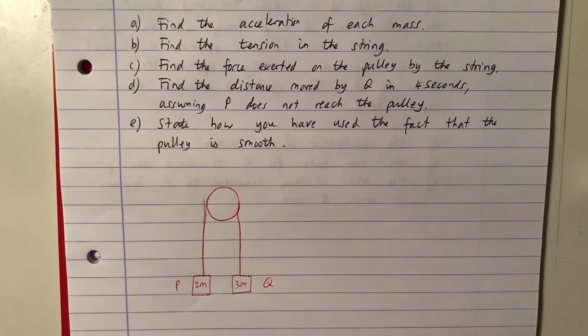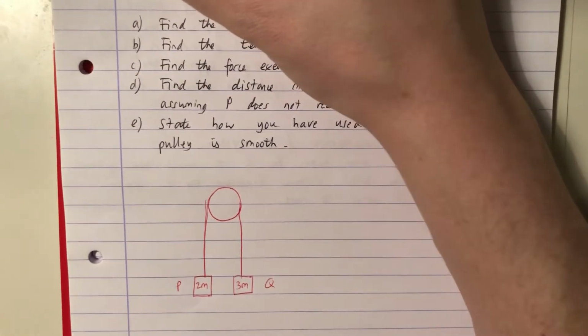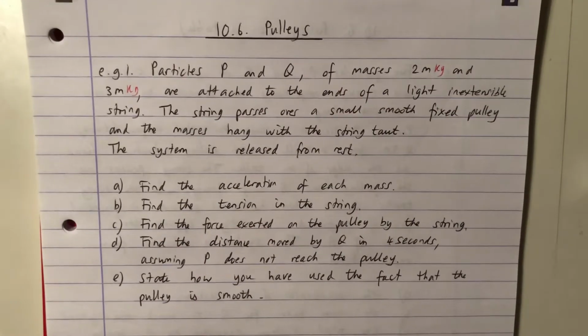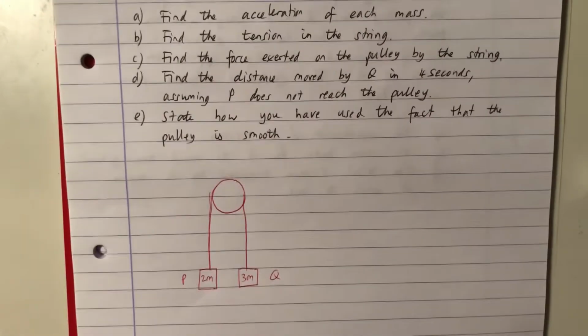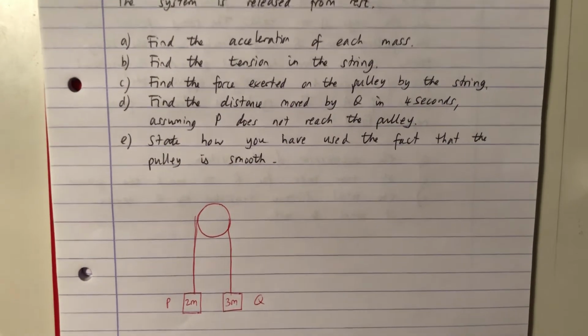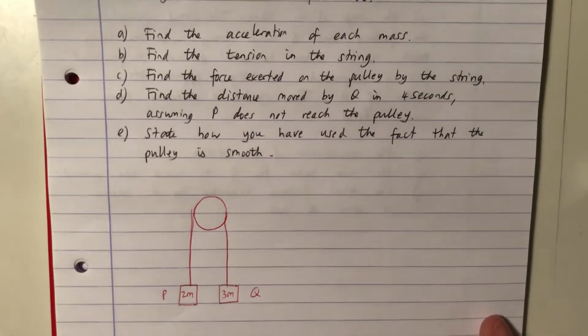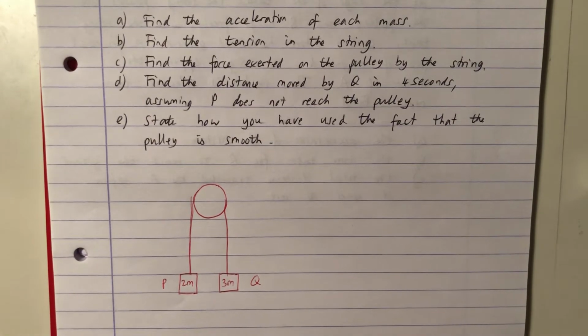Now, those masses mean kilograms, so 2m kilograms and 3m kilograms at the start. Not meters, not 2 meters or 3 meters, it's 2m kilograms. The system is released from rest and we have to find the acceleration of each mass. If you set this experiment up, this system is going to move once you let go.